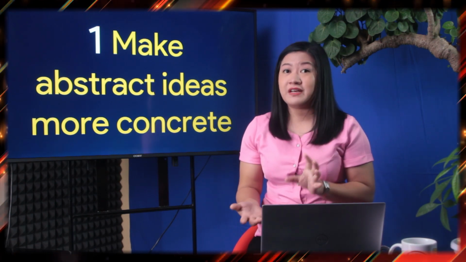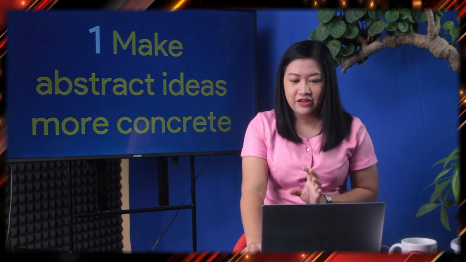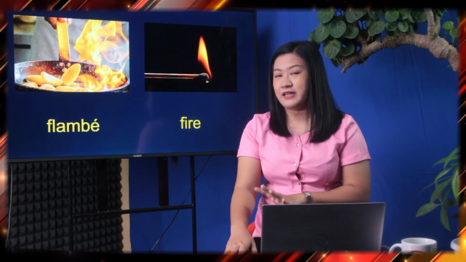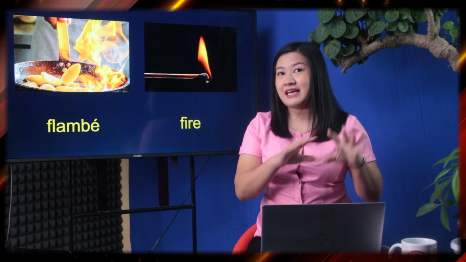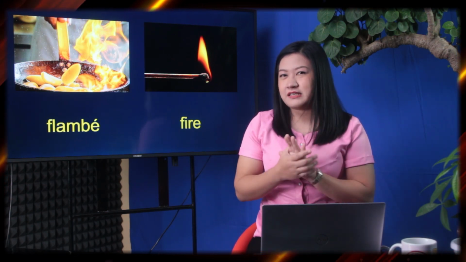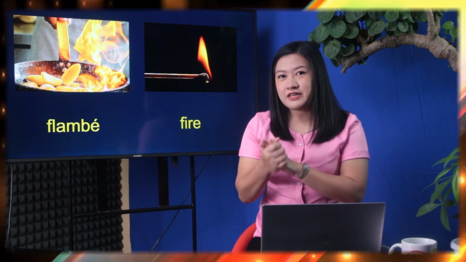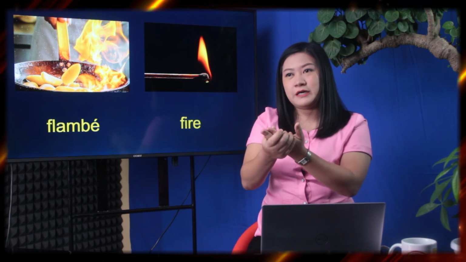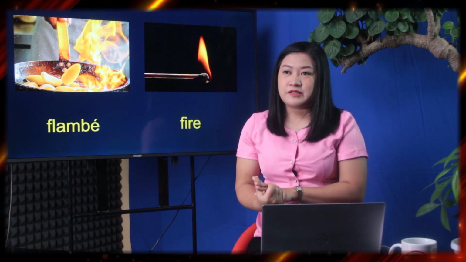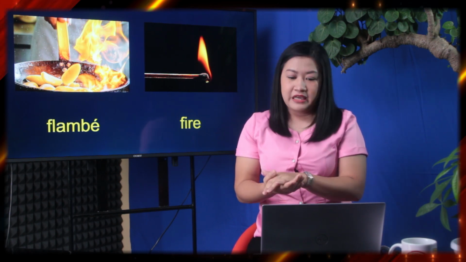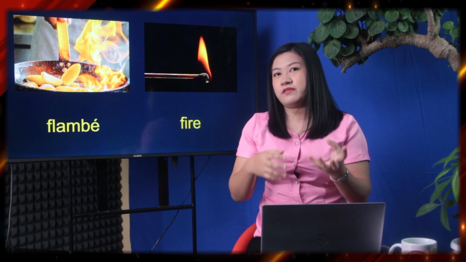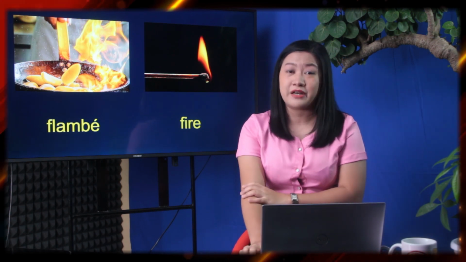Just like flambe is to fire, and your teacher might add soup is to water. So with that analogy, there is a sort of understanding between you and your teacher. So one way to make it easier to draw analogy is to associate it with the things that you are already familiar with.